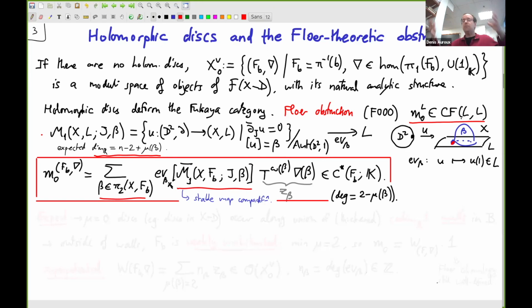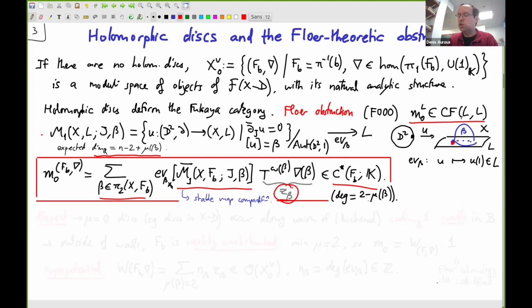You look at where basically the boundaries of all the holomorphic disks in the class beta can land. You use that to build a chain on L. You put a coefficient, which is this weight Z beta, next to it. And that gives you a chain or cochain on your Lagrangian with coefficients in K because of these coefficients that we've put there.